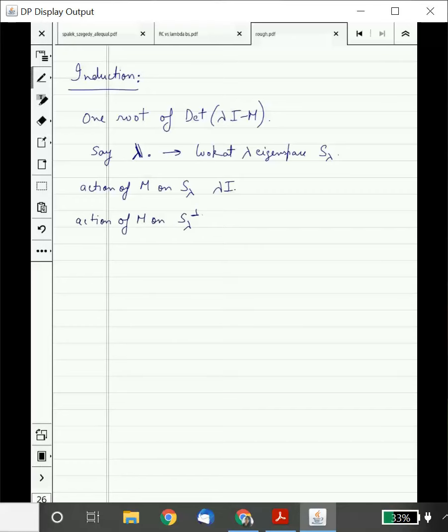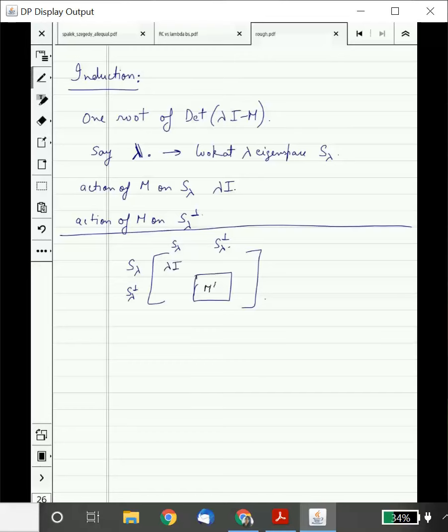So if I write M in this basis, of S lambda and S lambda perp, this will be lambda I, this will be some matrix M prime, and here I will get 0 and 0.